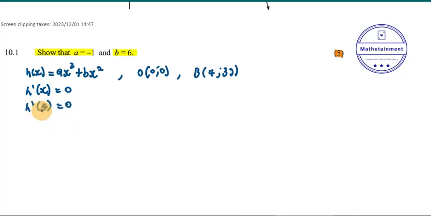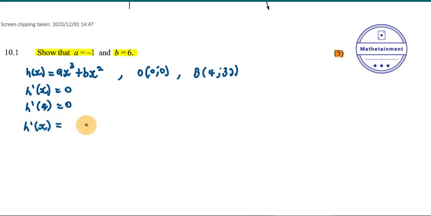Let me find this gradient at the point where x is equal to 4. How do I find this gradient? I have to differentiate the given function h(x) to find the stationary point. So I'm differentiating this function.